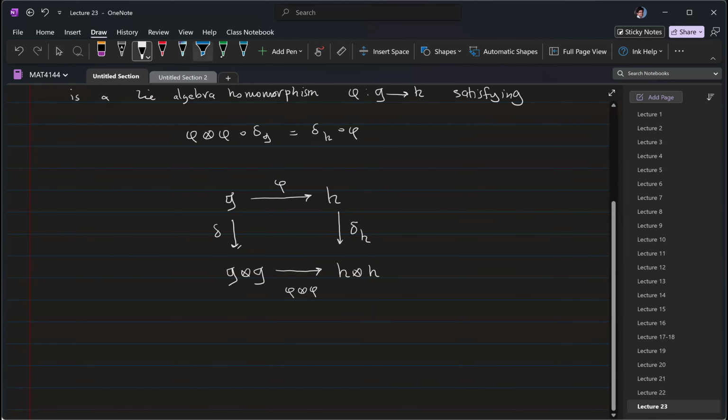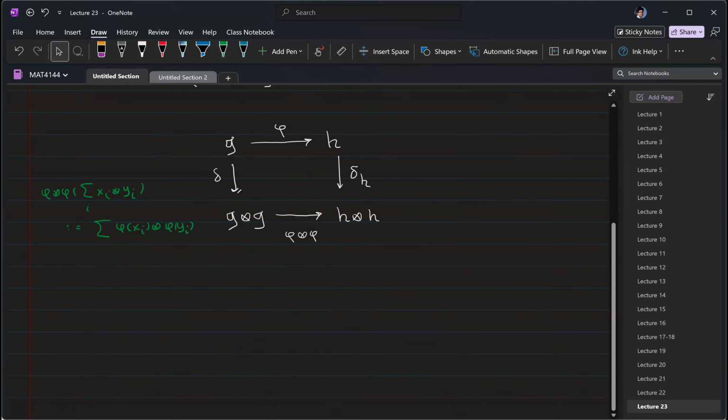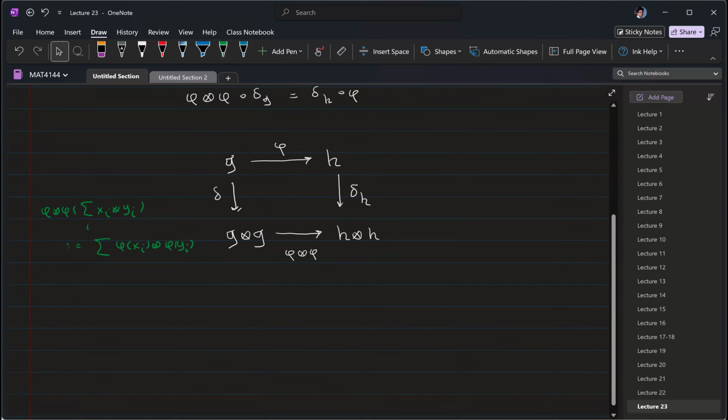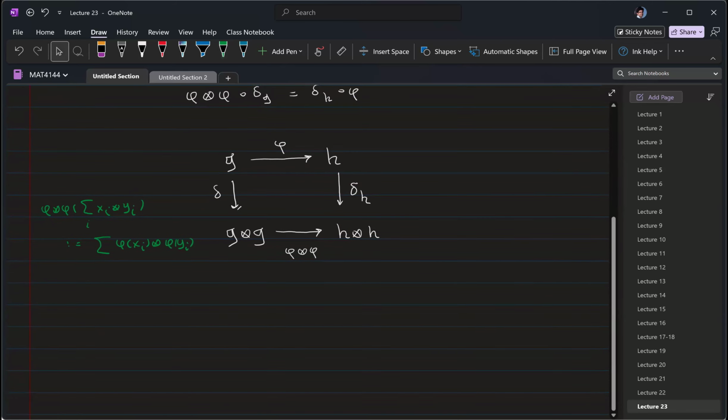More specifically, it maps the sum of xi tensor yi, where xi's and yi's are both in G, to the sum of phi xi tensor phi yi. And you can check that linearity of phi will turn into well-definedness of this map. We basically have to check some bilinearity property.